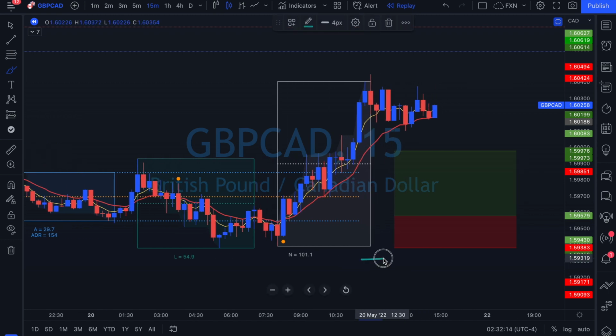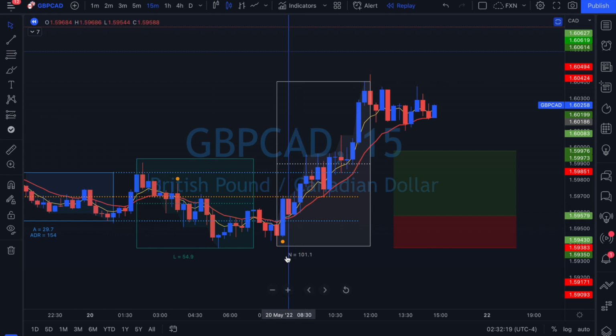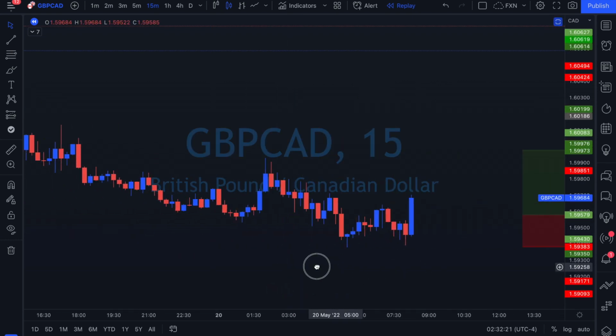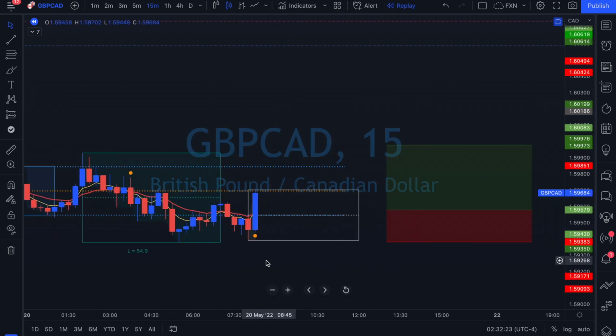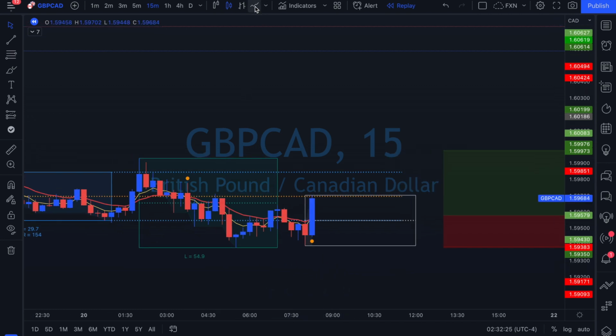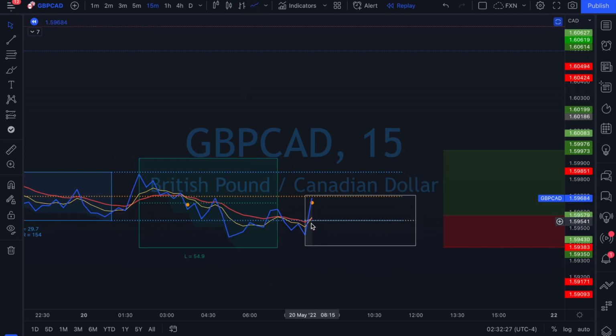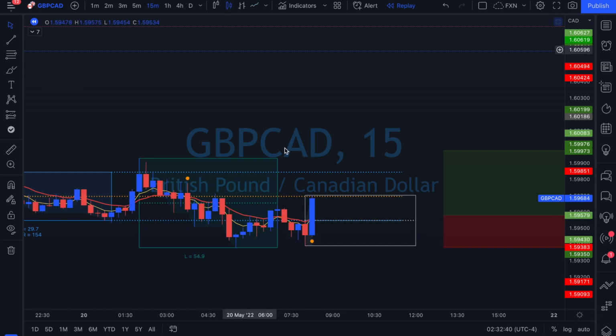Now, if we go back to this point here in time, and go up to the line chart, the 5 and 13, which are basically the yellow is the 5, the 13 is the red, we can see how they cross over each other right here on that big candle.